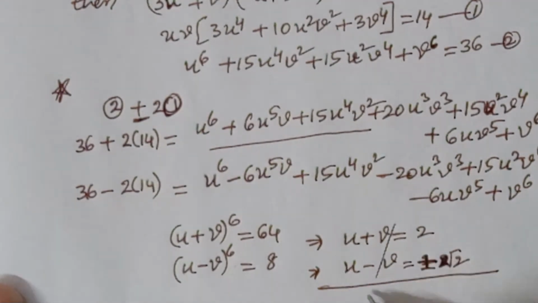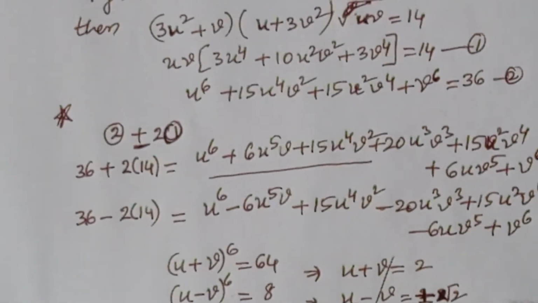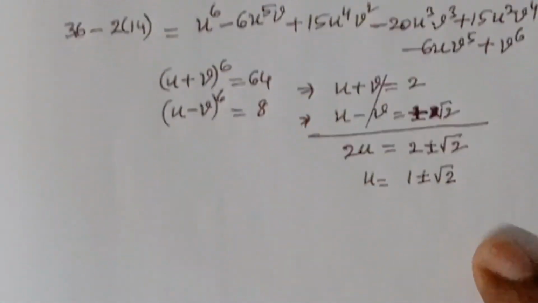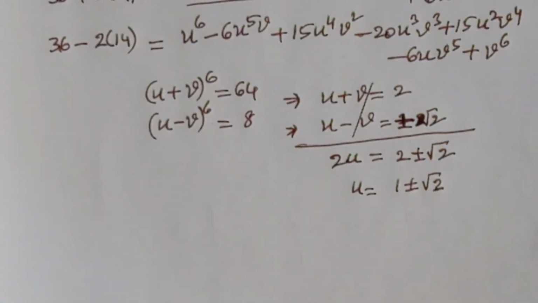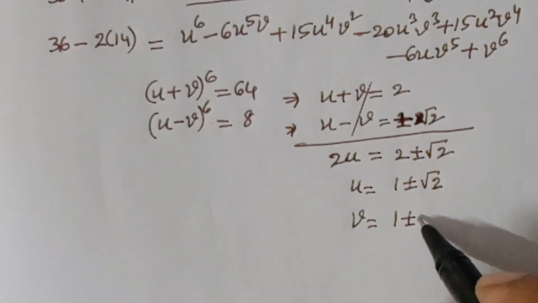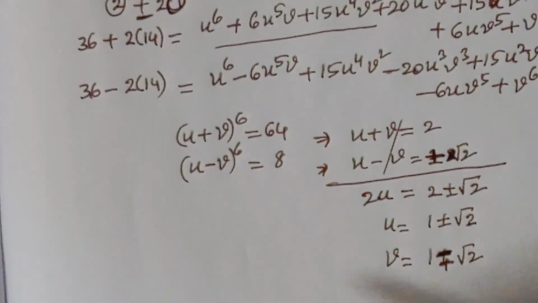On adding, v cancels, and u = (2 ± √2)/2. Taking 2 common, u = 1 ± 1/√2, and v = 1 ∓ 1/√2.